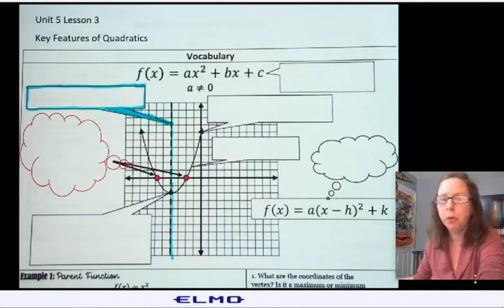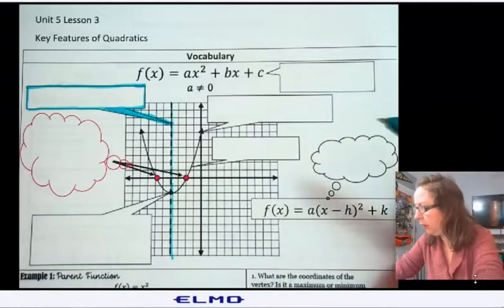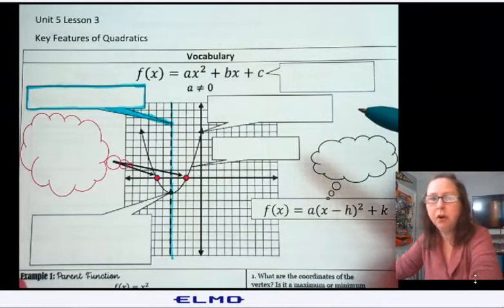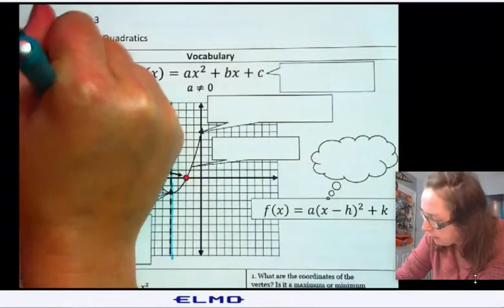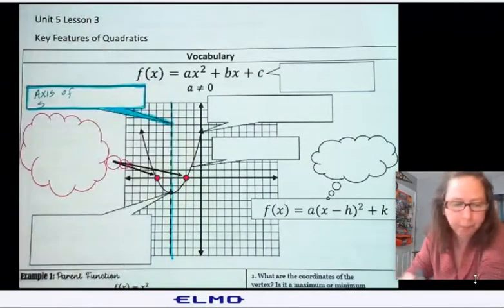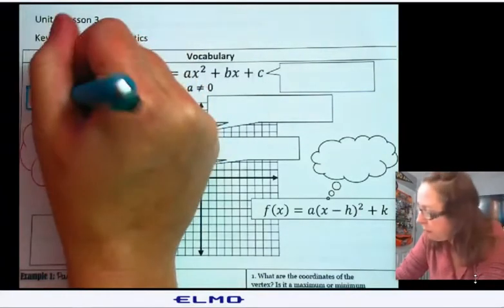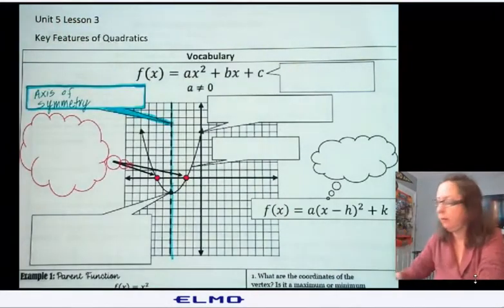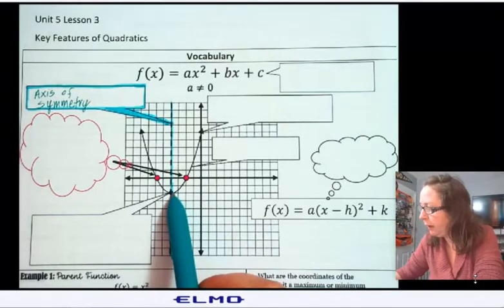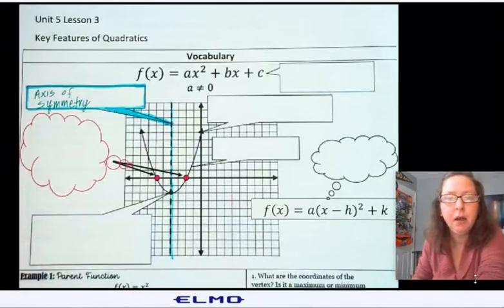Let's start with this blue dashed line that goes down the center of our graph. This is called the axis of symmetry. Think about what symmetry means: something is exactly the same on both sides, so it should look like it was flipped, or reflected, over that axis of symmetry.